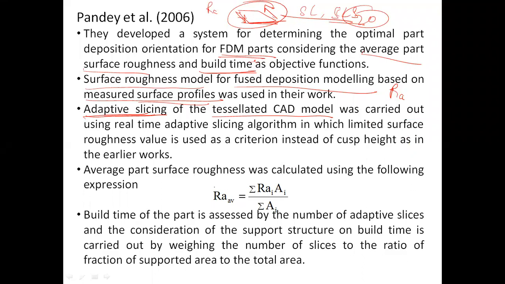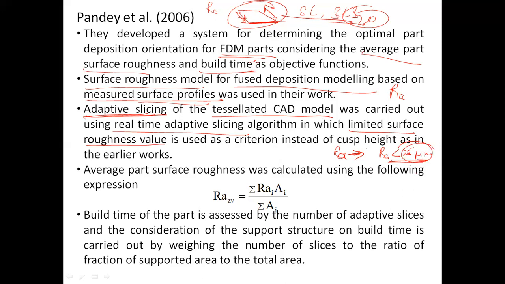So what they did was they incorporated a real-time adaptive slicing algorithm, where the limiting surface roughness value was taken as the criterion. If you used adaptive slicing, you had different cusp heights, and based on different cusp heights, you had different Ra values. So based on the limiting value, say you propose that any Ra less than 25 micron is acceptable to me, 25 micron becomes your limiting value.